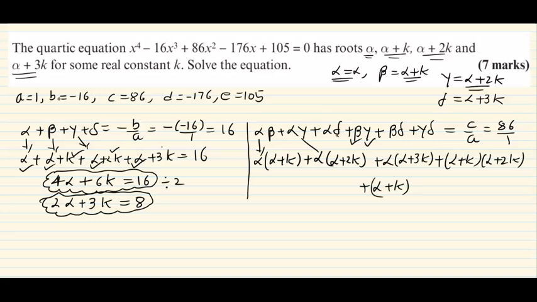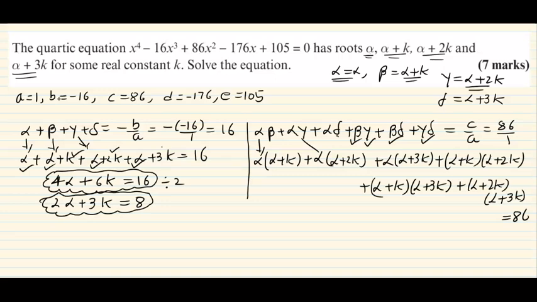Beta gamma we have done. Now beta delta, so delta is alpha plus 3k, and the last one is gamma delta, so gamma is alpha plus 2k and delta is alpha plus 3k, that is equal to 86, right?